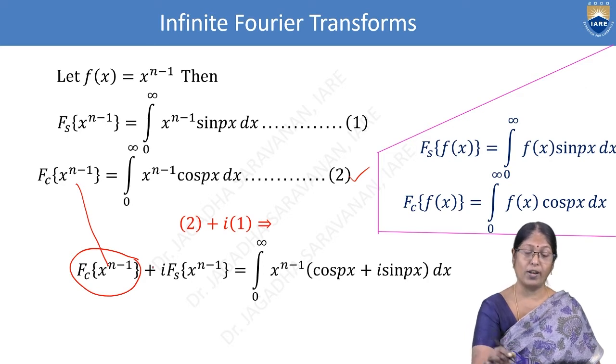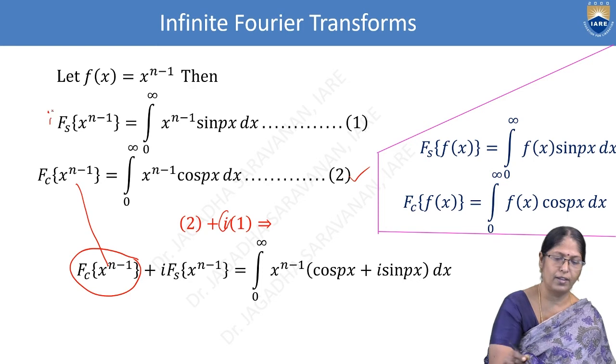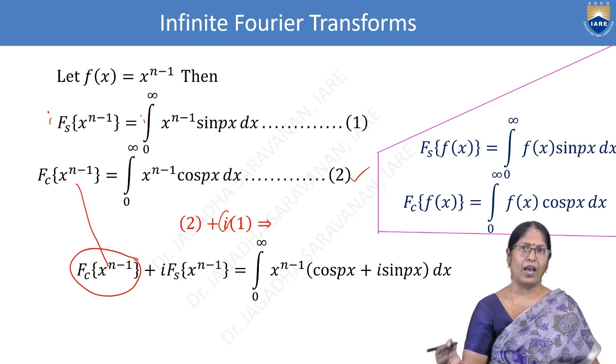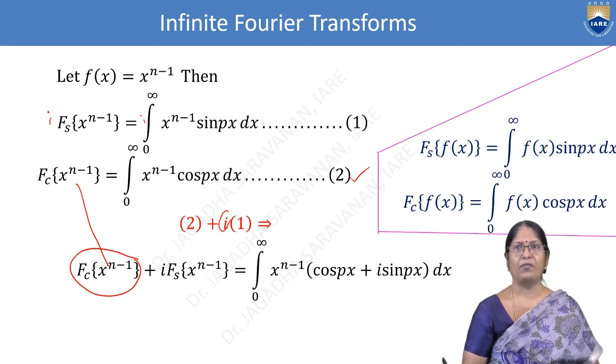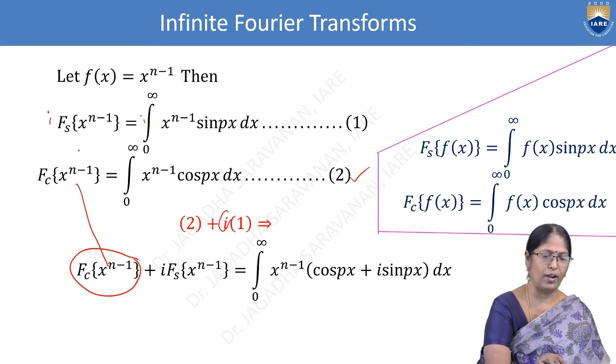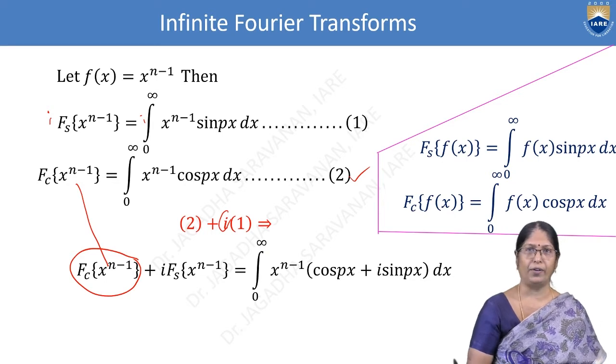Whereas the equation 1 is multiplied by i. That means here i is there, here also i is there, on both sides. Mathematically, if we add, subtract or divide anything, we have to do it on both left and right. We have to balance the equation. So here equation 1, left and right, we multiplied and we are going to add.